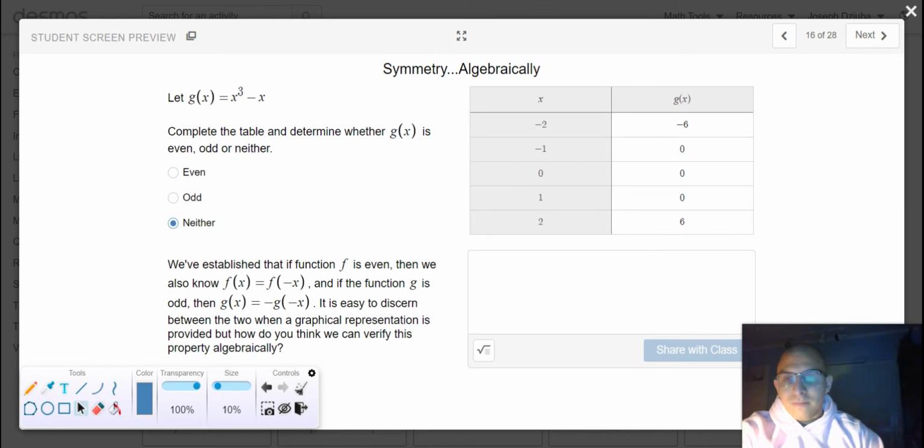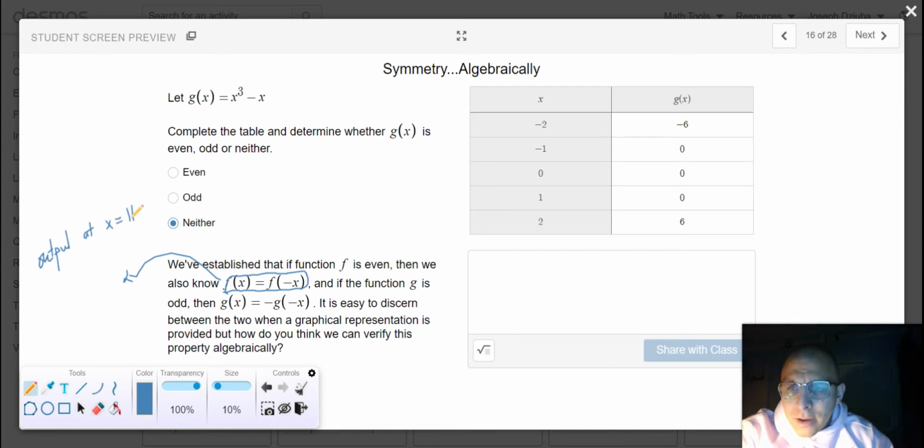What we mean here is that the output at x equals a particular number, so at a particular input, is going to be equivalent to the output at x equals the negative of that number.